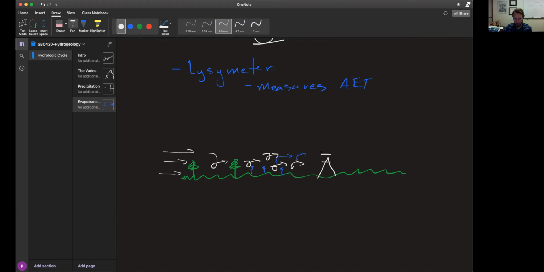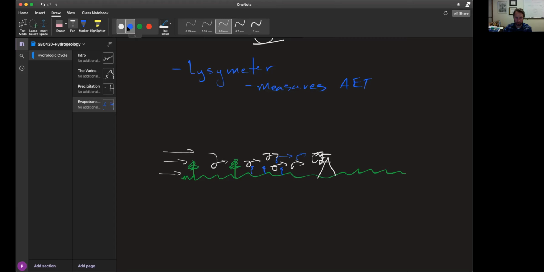And the flux tower looks at, it's got two sensors of water vapor and sensors of air velocity. And it looks at the covariance of velocity and water vapor. All right.